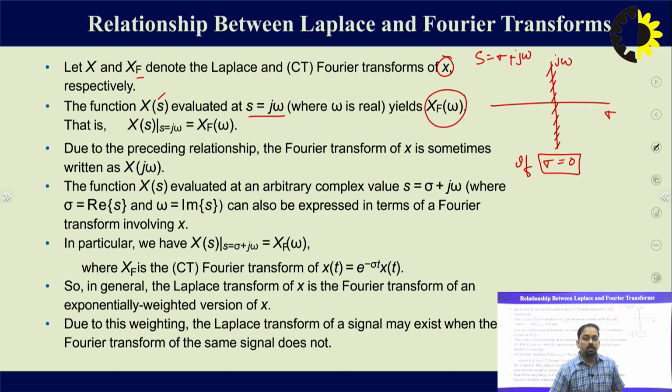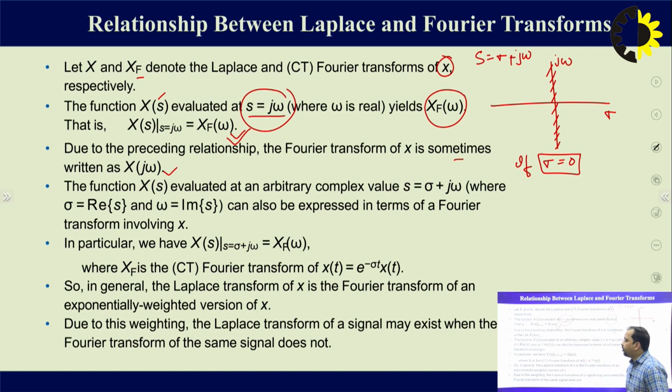So if the real part of s, which is called sigma, is 0, we have a Fourier transform. The Laplace transform and the Fourier transform are equal if the real part of s equals 0. Due to this relationship, the Fourier transform of x is sometimes written as X(j omega) also.